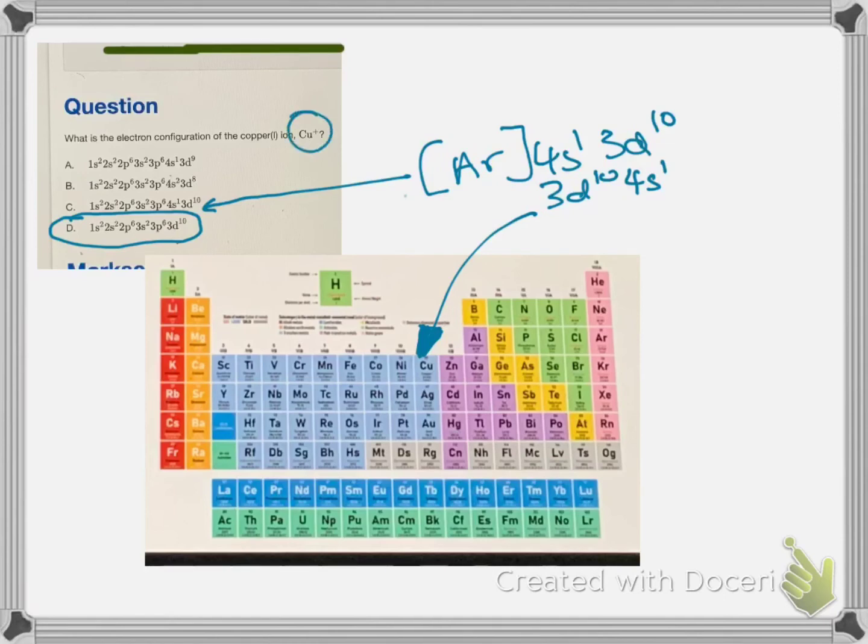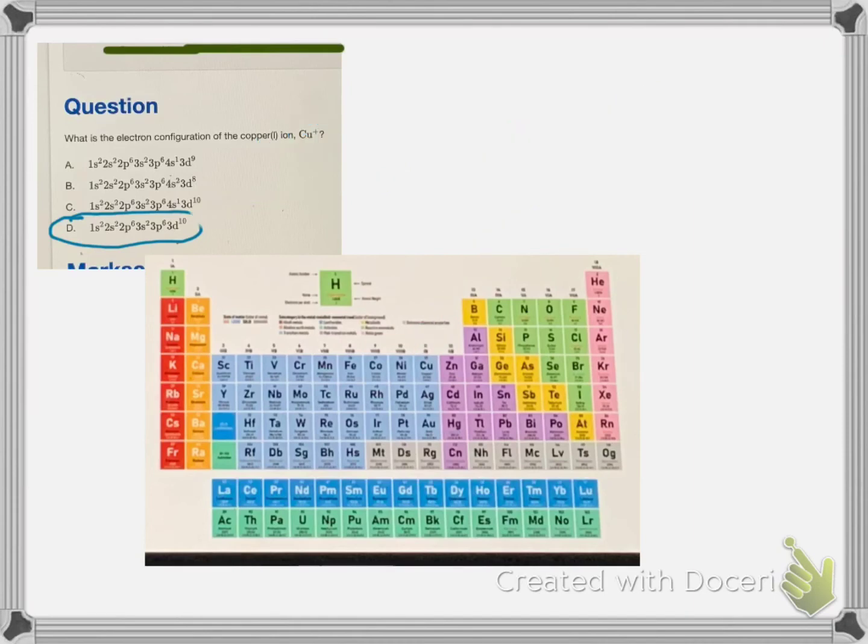The question is asking for a positively charged ion, the copper 1 ion, by removing 1 electron, which means removing this and giving an answer of 3d10. So that's why C is incorrect. Now, B is incorrect because it's 4s2 3d8, and it's actually the electron configuration of nickel.